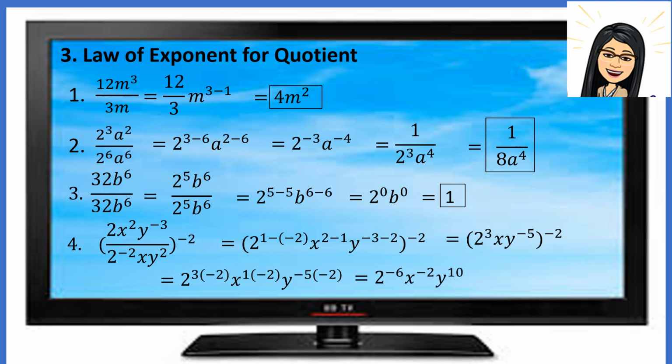So multiplying them, we will arrive at 2 raised to negative 6, x raised to negative 2, y raised to 10. Then simplify those with negative exponents by taking its reciprocal. So we will arrive at y raised to 10 over 2 raised to 6 x squared. And finally, simplify 2 raised to 6 by multiplying 2 6 times. So we will get y raised to 10 over 64 x squared. And this is our simplest form.